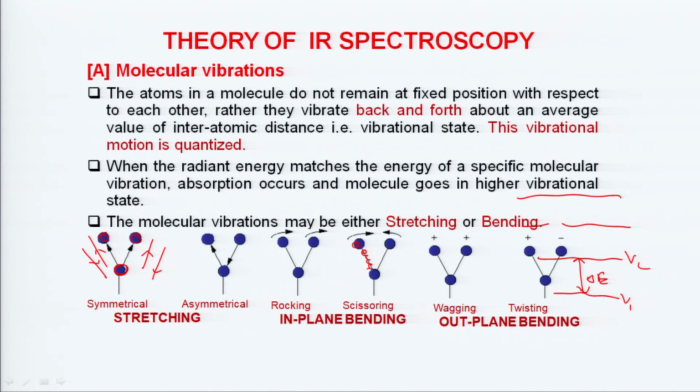These are called symmetrical stretching, meaning if we are pushing up then both the bonds go up, if we are pulling down then both the bonds go down. And if one of the bonds has been stretched up and the other has been stretched down, that will be called asymmetrical stretching. So, stretching will be of two types, symmetrical and asymmetrical.